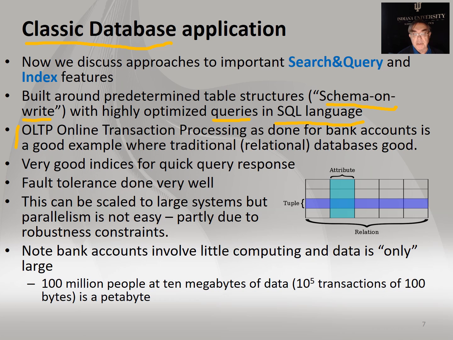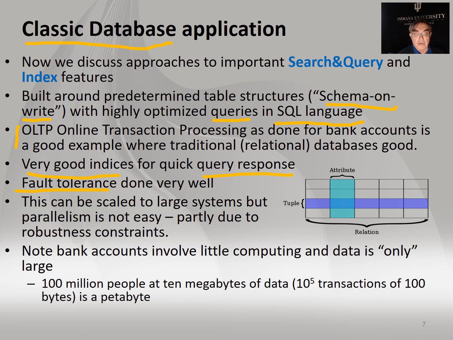Obviously, one example here is OLTP, online transaction processing, and these traditional databases are highly optimized, because these are areas where there's actually not a huge amount of computing, because the amount of work done when you, I don't know, update your bank account is not huge, but reliability and robustness is extremely important. And also, when you go to your ATM, you want your account to be found very quickly. So you need very good indices and quick response to the typical queries.